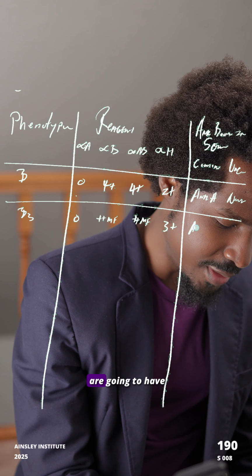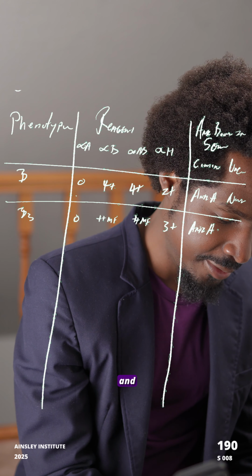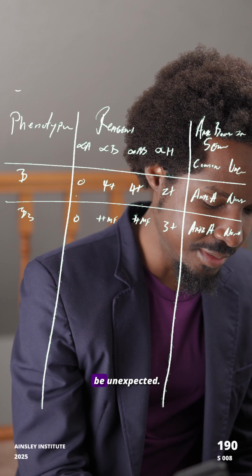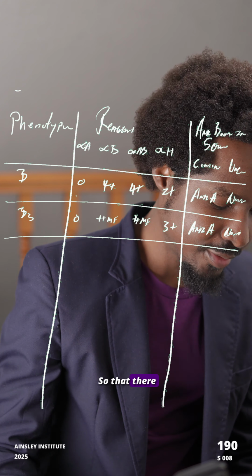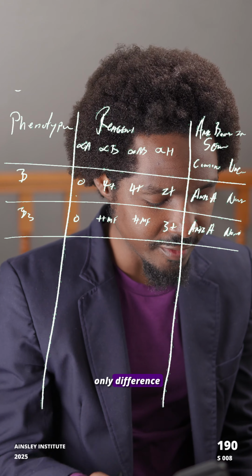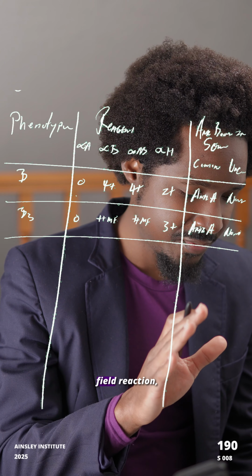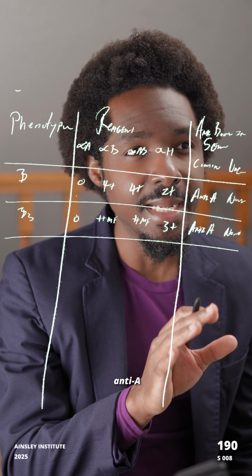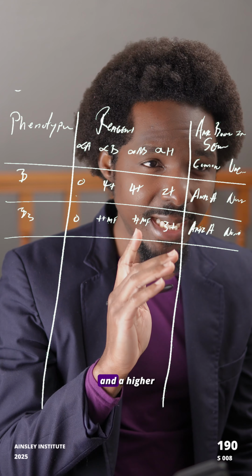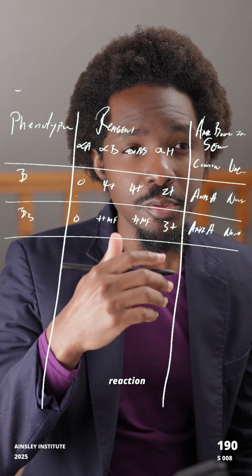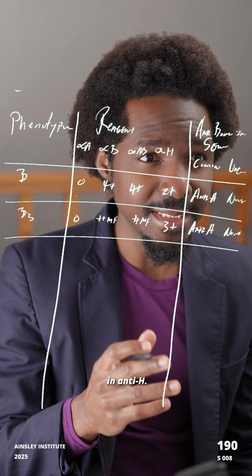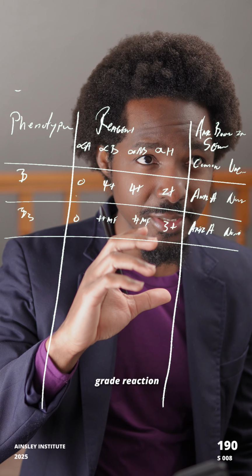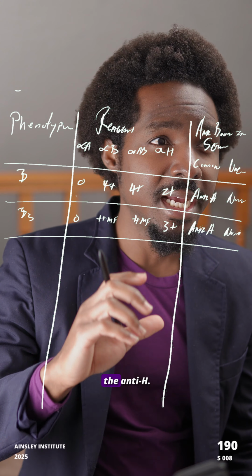In circulation, we're going to have anti-A, and we're not going to consider any to be unexpected. So the only difference is the positive mixed field reaction in anti-B and anti-AB, and a higher grade reaction in anti-H. As we will realize with the subgroups, they have a high grade reaction with the anti-H.